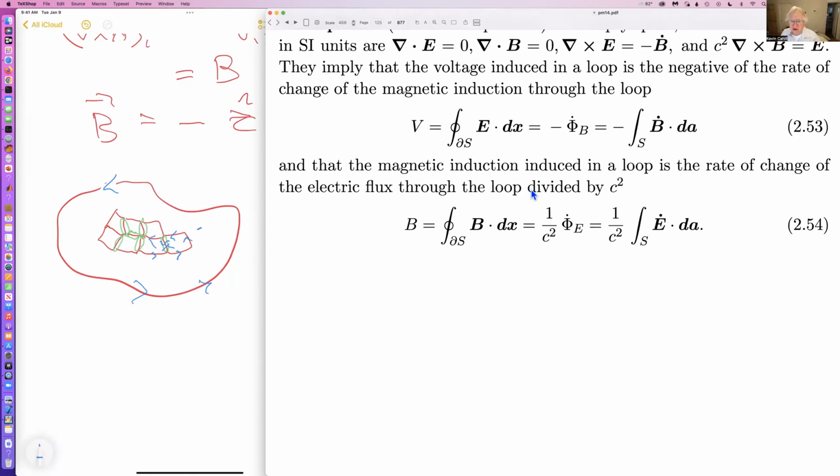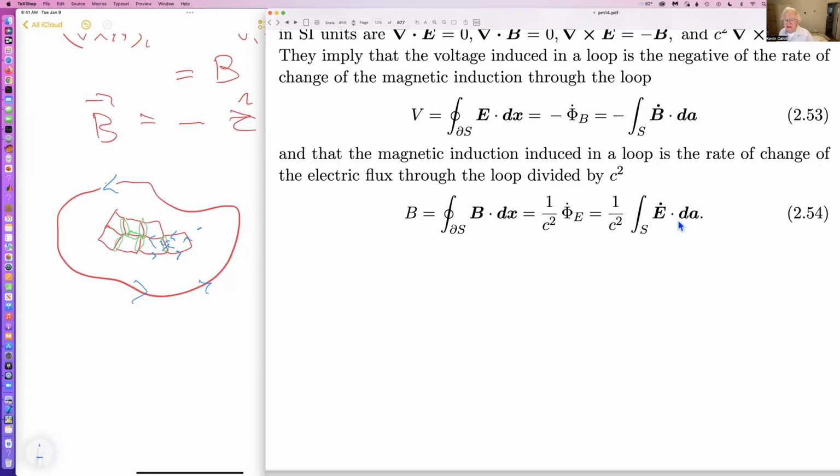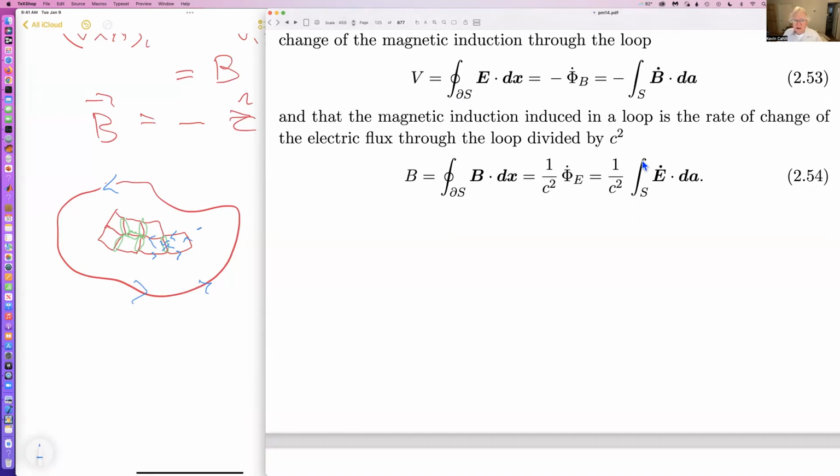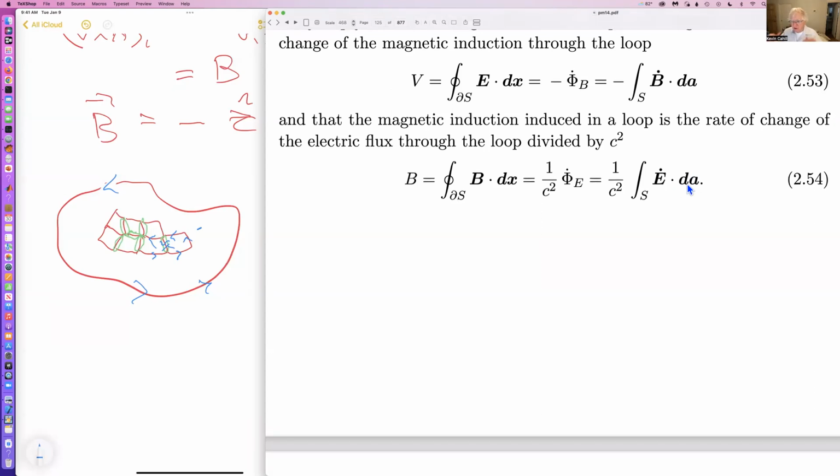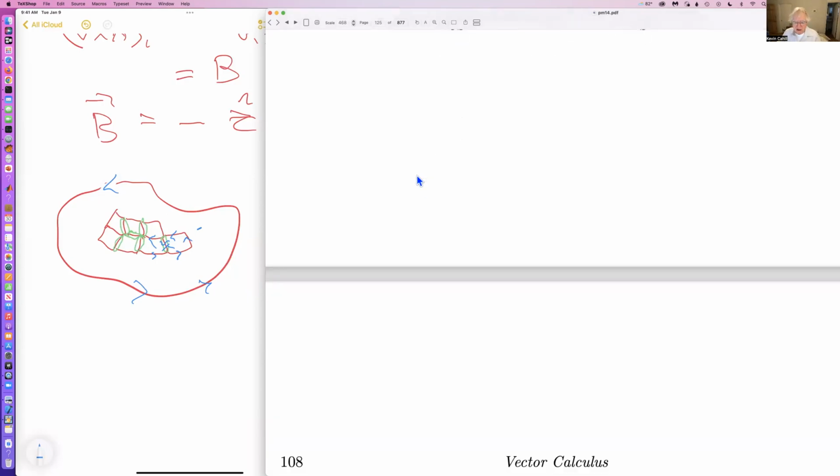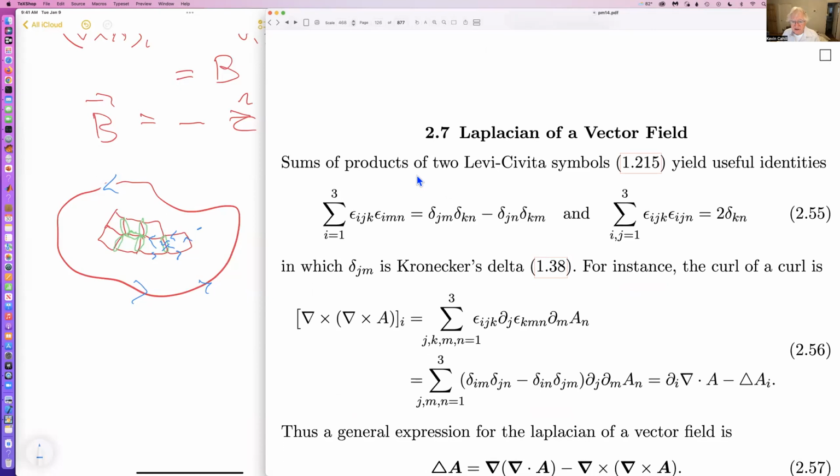The magnetic induction in the area enclosed by the loop: we're dealing with the curl of B, and the curl of B is E dot, so we have E dot integrated over the area. So if you have the electric field changing in an area, then you get a B field.